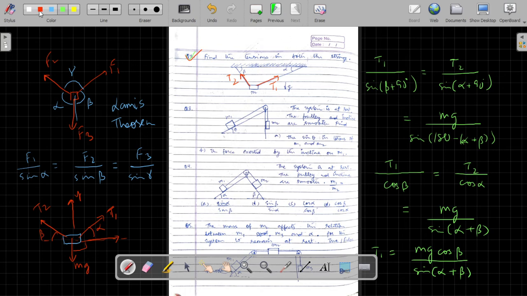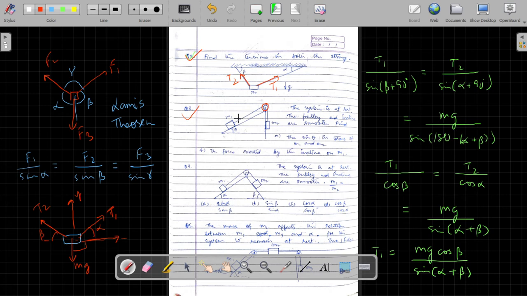Let us do question number 2. Second question. There is an incline which is smooth, and there are two blocks which are connected by a string, and there is a small pulley, as you can see here.